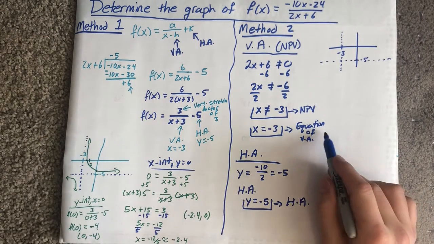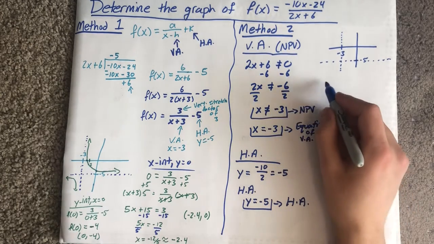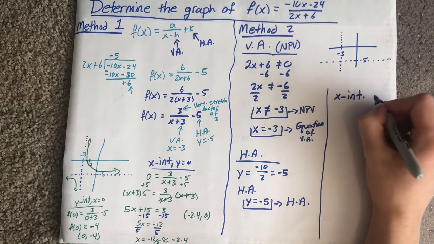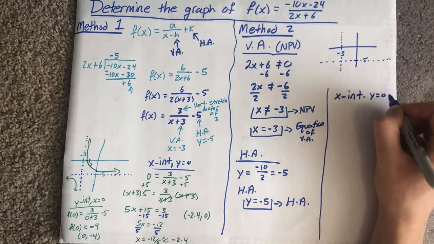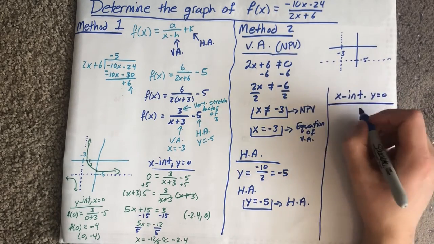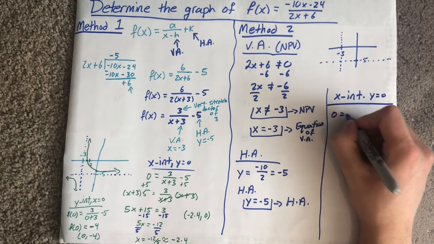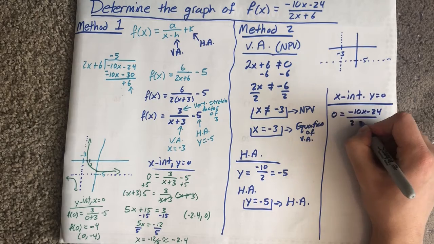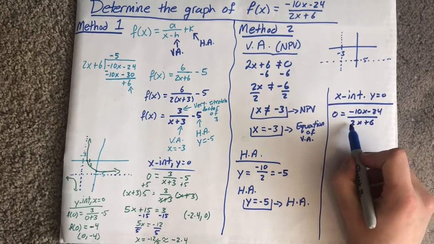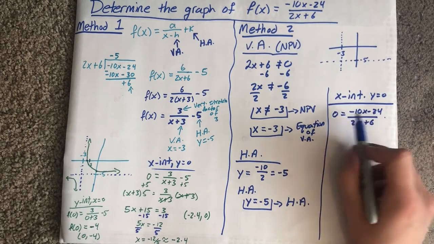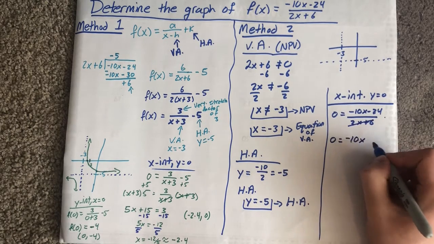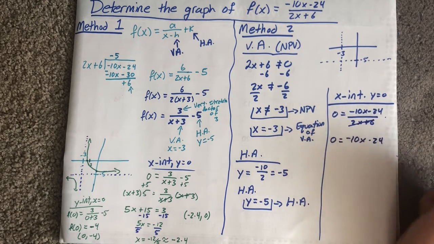Now lastly, let's find our x and y intercepts. So our x-intercept is when y equals 0. So let's place f of x at 0 and start solving. Recognize if I multiply both sides by 2x plus 6, it's just going to cancel out. So realistically, I'm just asking myself, when does the numerator equal 0?